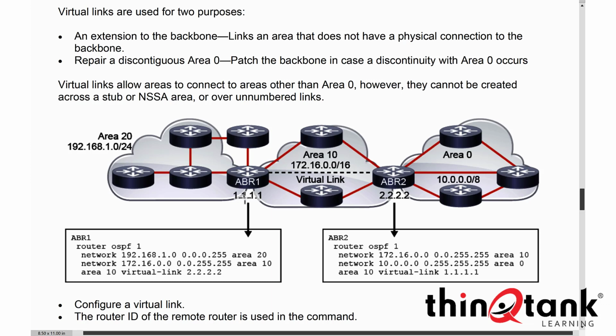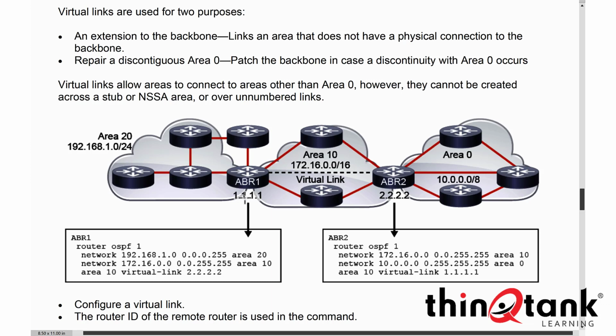Notice the configuration. This is for OSPFv2 classic mode. I go under router ospf and I say area, and then I specify the transit area. In this case, the transit area is area 10, virtual-link, and then I put in the termination point of the virtual link on the terminating ABR. So on ABR 1, I'm going to reference 2.2.2.2, which is ABR 2.